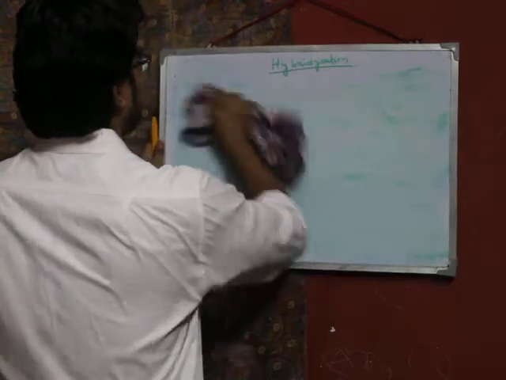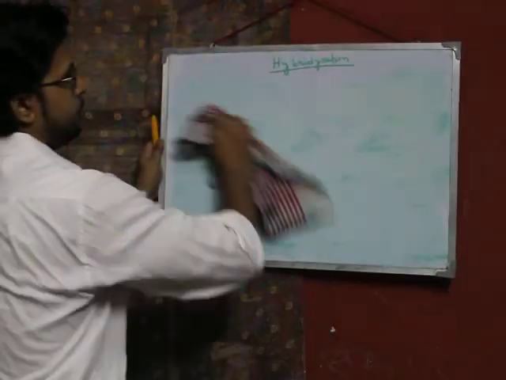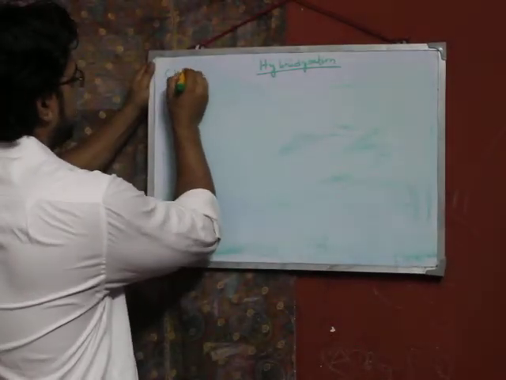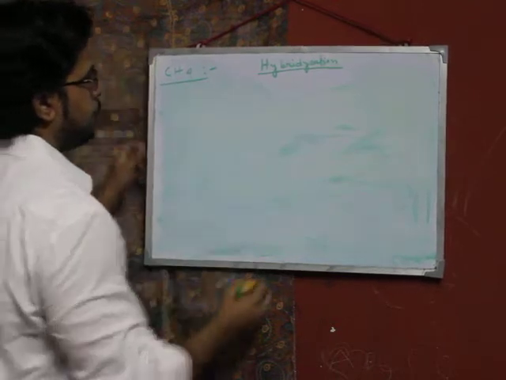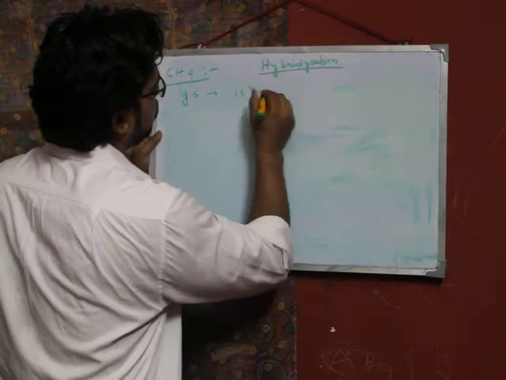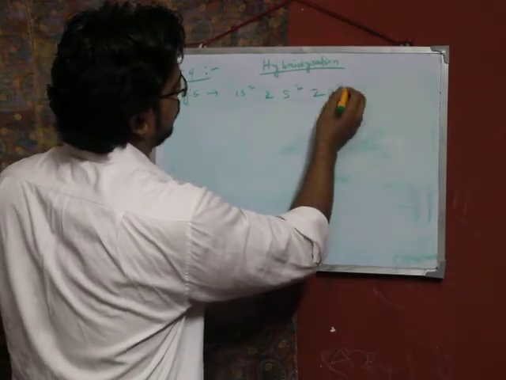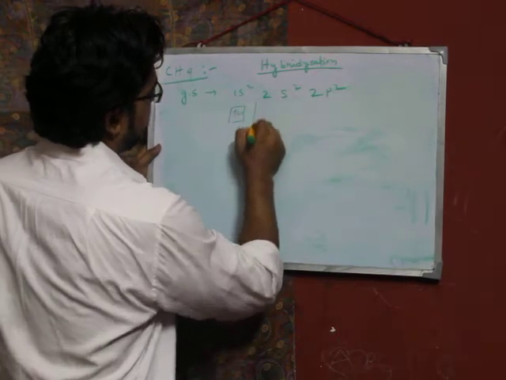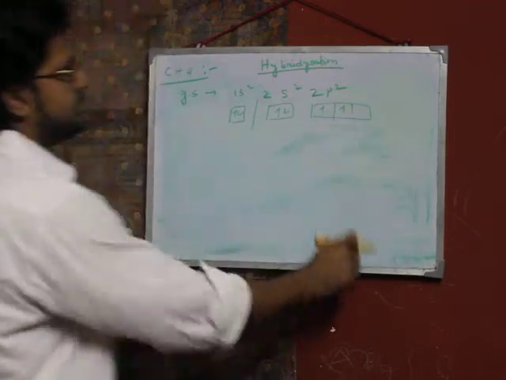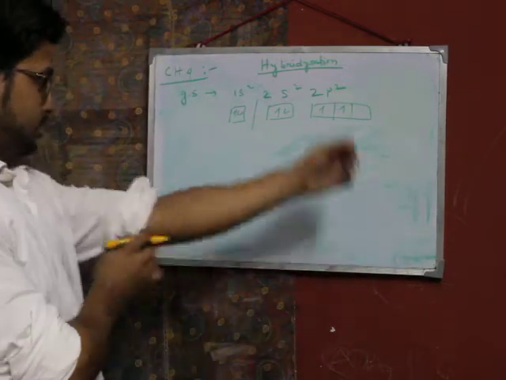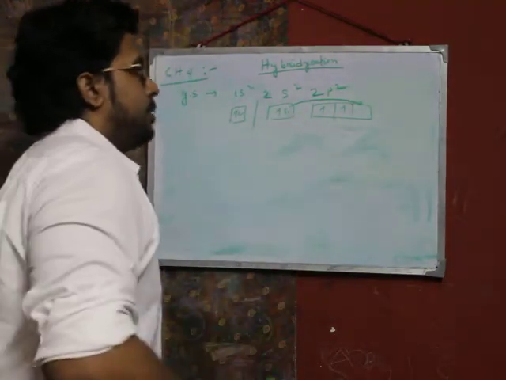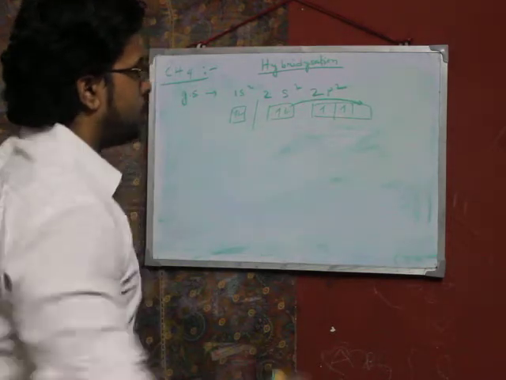The simplest example is the formation of methane, CH4. Now the ground state of the carbon atom is 1s2, 2s2 and 2p2. Here we see that the valency in the ground state is 2, but we all know that carbon has a valency equal to 4.